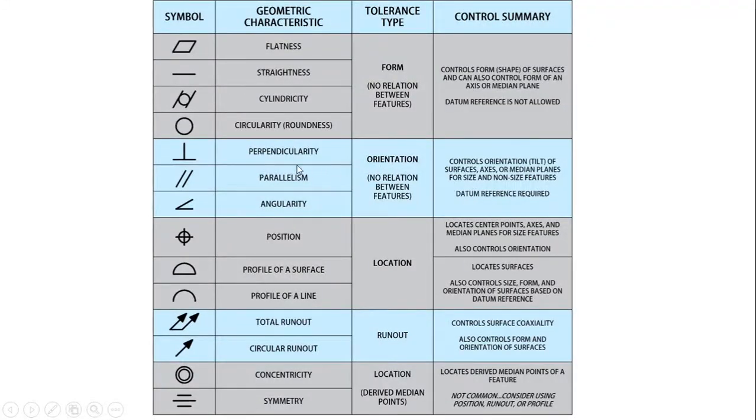Orientation is perpendicularity, parallelism, and angularity. These are the geometric characteristics. And location is position, profile of the surface, profile of the line, and total runout, circular runout, concentricity, and symmetry, which are the symbols used in engineering drawings.